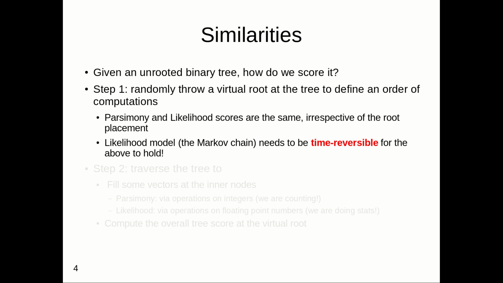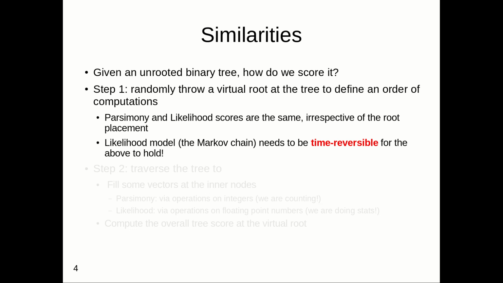And then the second set of similarities is how we actually traverse the tree. Unfortunately, I forgot to duplicate the slide here. So basically, in step two, after we've placed the root, we traverse the tree starting from the root to fill sum vectors at the inner nodes that essentially summarize the signal coming from the subtree below that inner node.